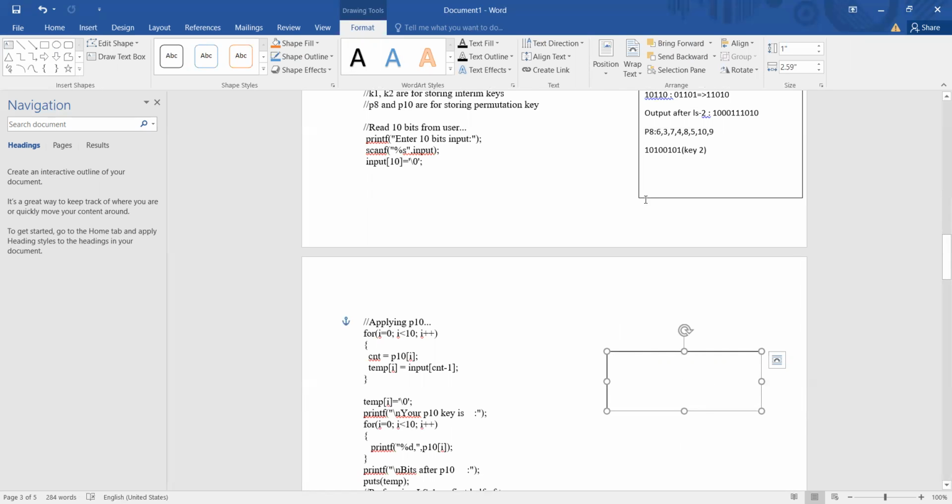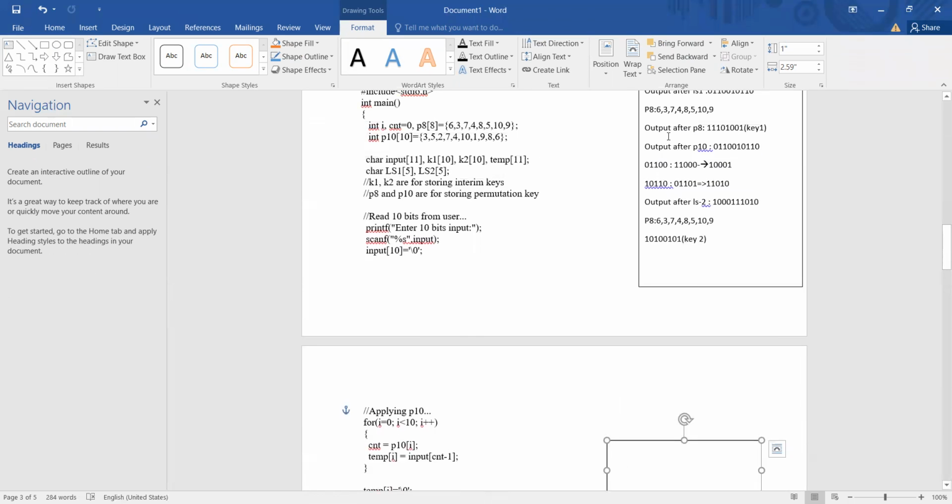Suppose, first for i equal to 0, cnt is equal to p10 of 0. p10 of 0 is 3.